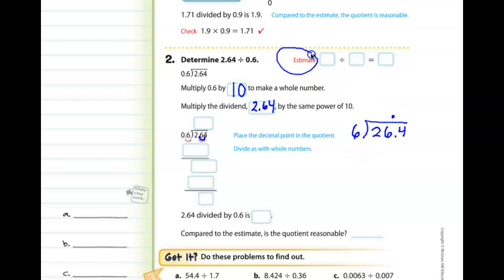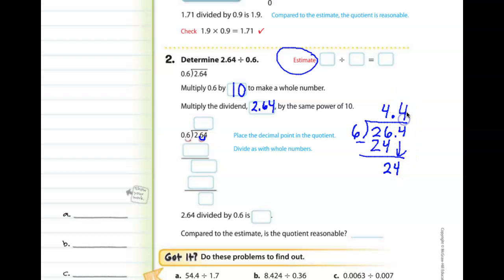Okay, so it talks about estimating, and this number here is kind of close to 24. So what times 6 equals 24? And answer that for me, please. Very good. That answer is 4. 4 times 6 is 24. So we're going to subtract that from 26. We get 2, we bring the 4 down, and again, that is 24.